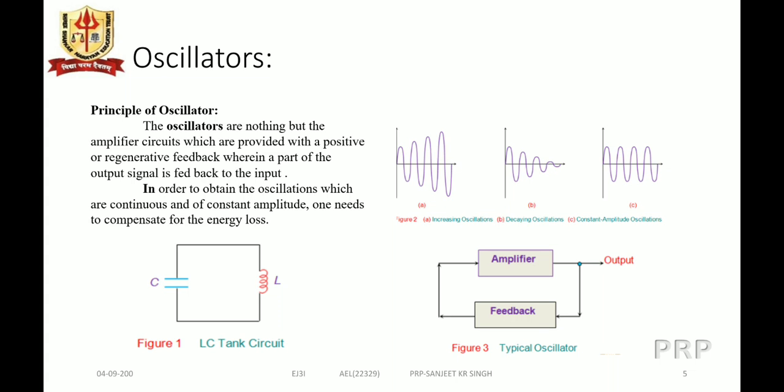In order to obtain oscillations which are continuous and of constant amplitude, one needs to compensate for the energy loss. For example, if we have a tank circuit, we know the capacitor will be discharging through the inductor, and as the current flows through the inductor, the polarity will be upper end positive and lower end negative.